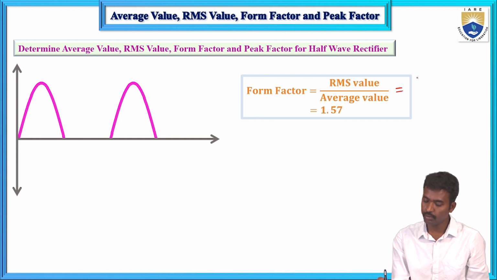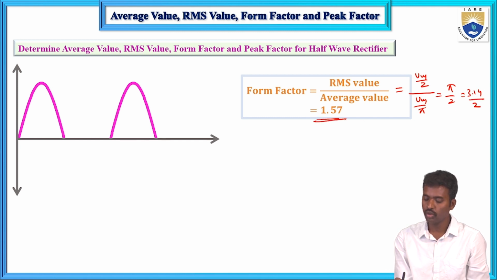Now here the RMS value is Vm by 2 and this one is Vm by pi. So that equals pi by 2, 3.14 divided by 2. That value equals 1.57.